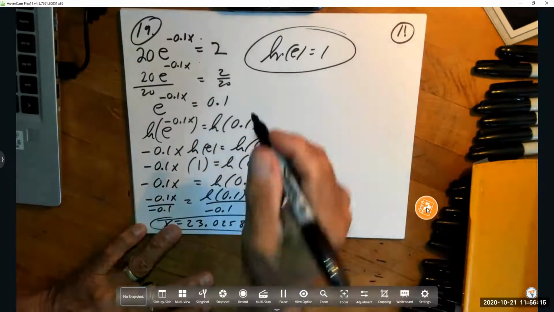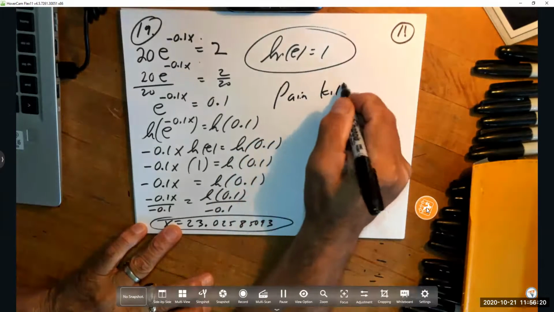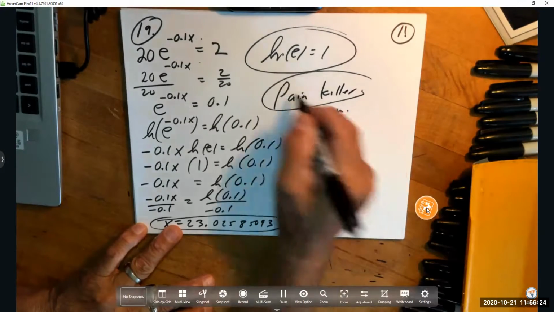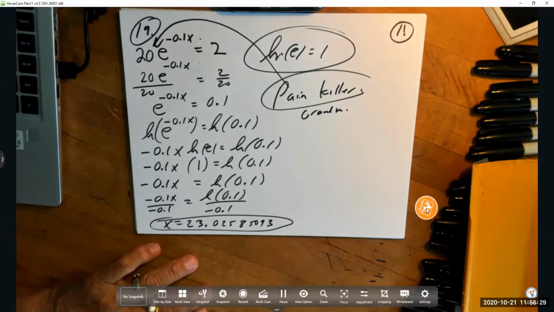I'll give you an example. Like if they give your grandma some painkiller, they give her this much painkiller. Then eventually the painkiller starts wearing off. Let's say her elbow's hurting.